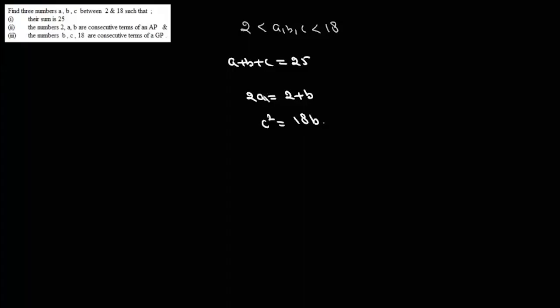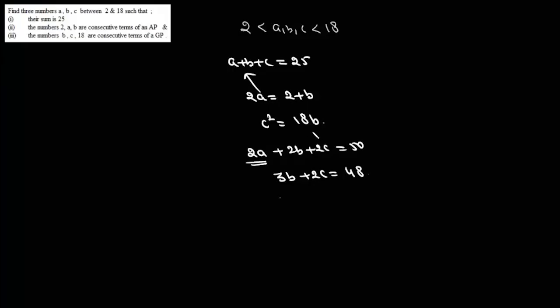Now what we'll do is we'll put the value of a in this equation, we'll multiply it with 2, so we'll get 2a plus 2b plus 2c equals 50, and 2a is b plus 2, so there will be 3b plus 2c equals 48, and we know that 18b is c square.